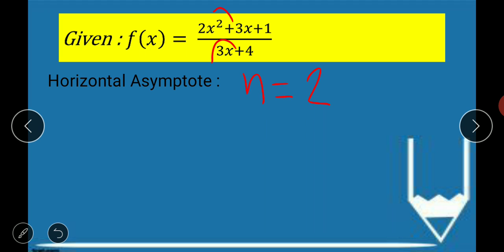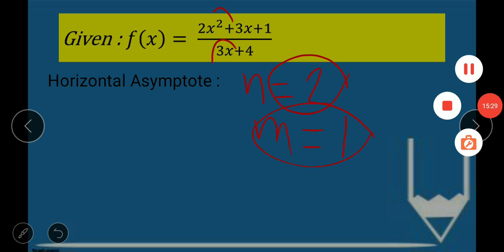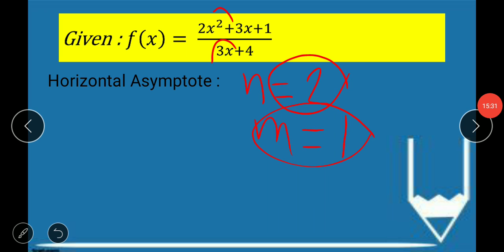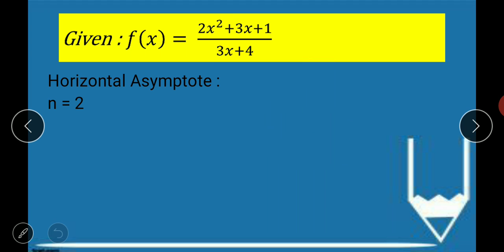Then here is the exponent of the variable in the denominator, which is 1, so m is 1. What do you notice with the value of n compared to the value of m? Compare the two values. Okay, n is greater than m.